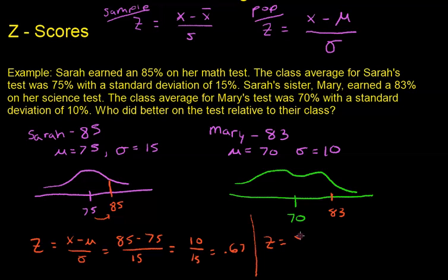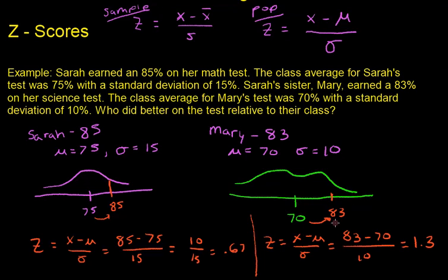It's still x minus mu divided by sigma. So that will be 83 minus mu, which is 70, divided by the standard deviation, which is 10. That's 13 divided by 10, which is 1.3. So Mary did 1.3 standard deviations higher than the mean.